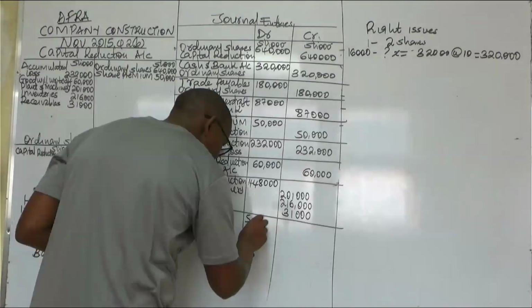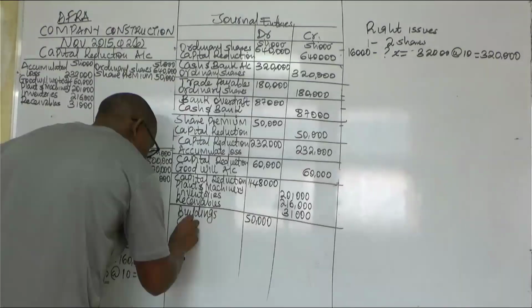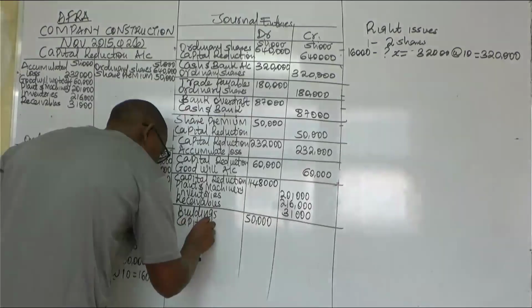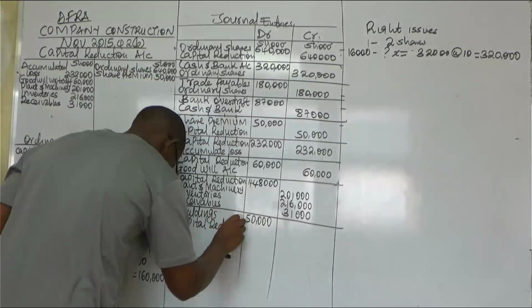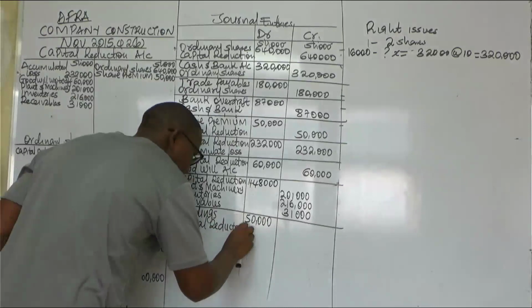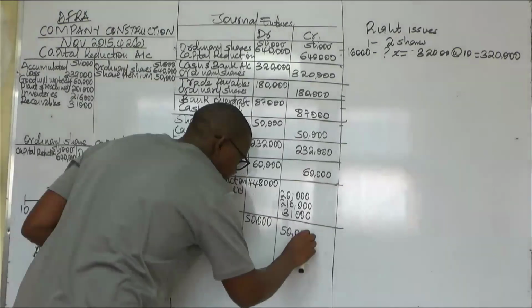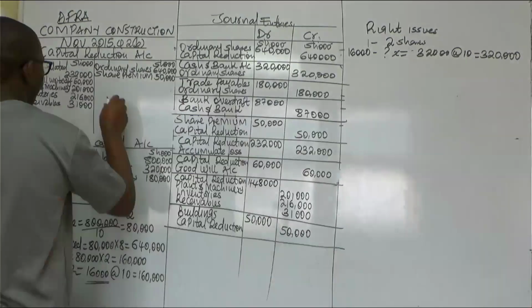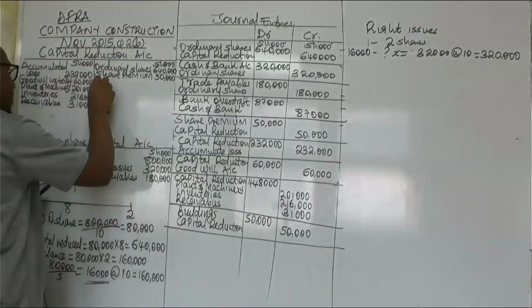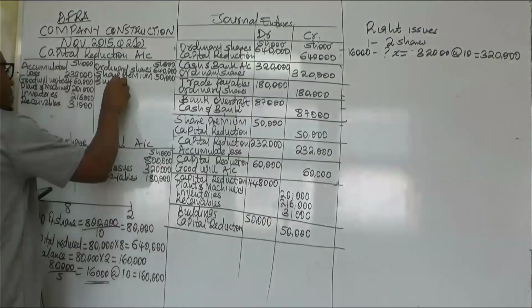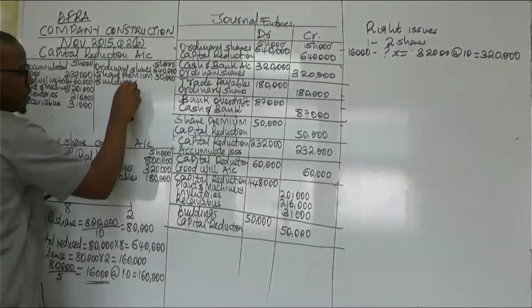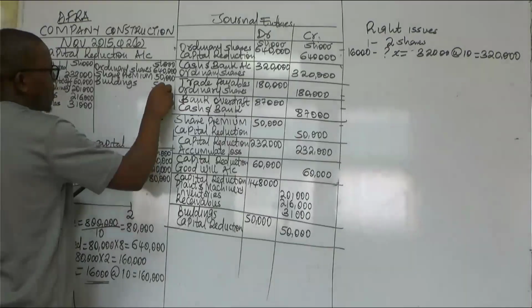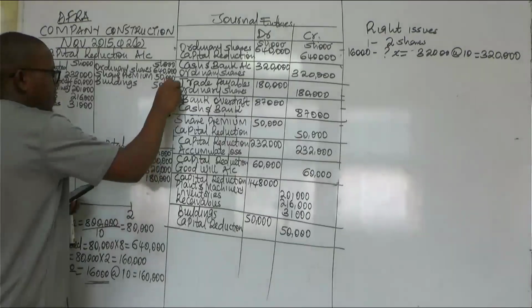So we'll credit the capital reduction. 50,000. So we can also do the same for buildings here. We have it here. Buildings. This is 50. Endelea.